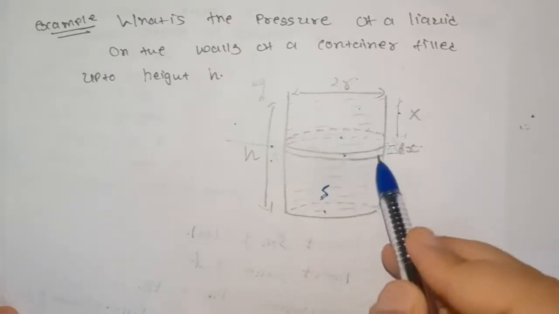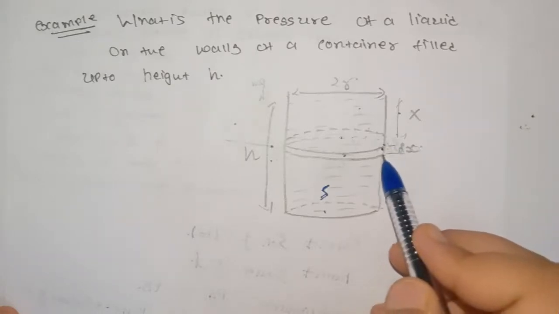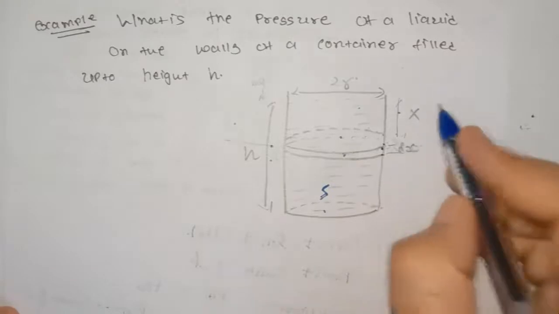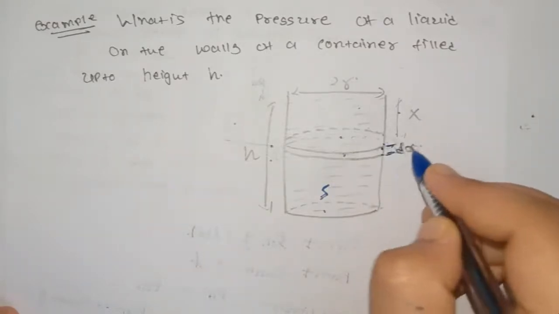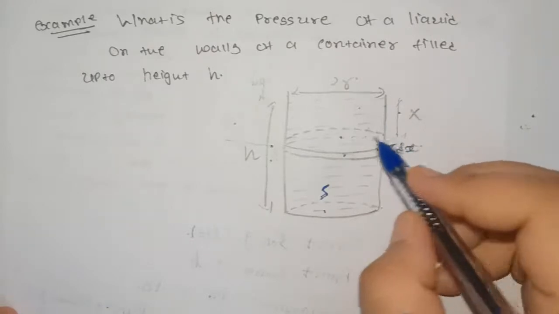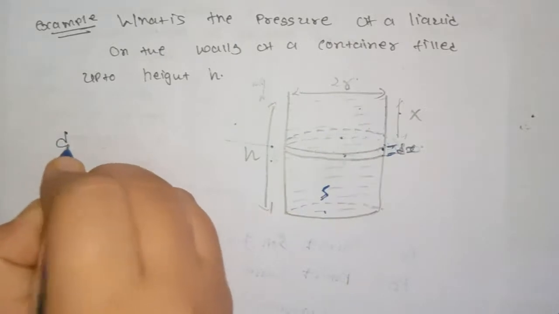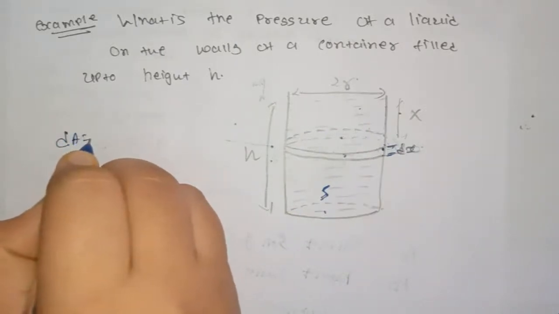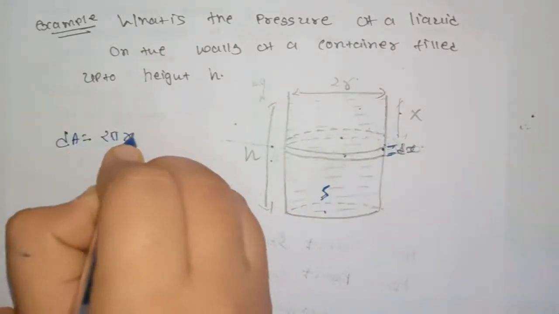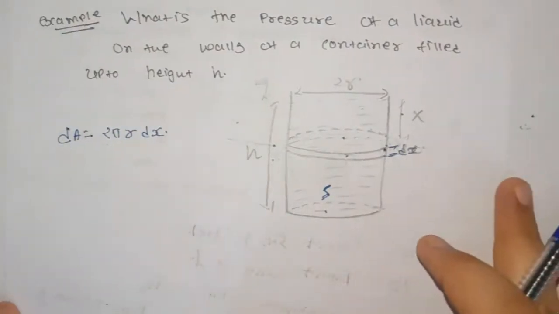Take a small area of the wall of container between depths x and x plus dx. This depth is dx, so total depth will be x plus dx. This area will be equal to dA is equal to 2 pi r into dx, as the thickness is dx.